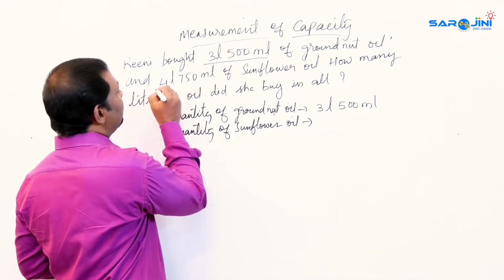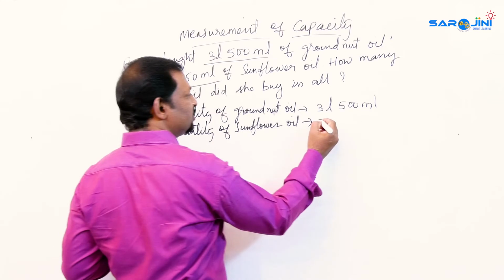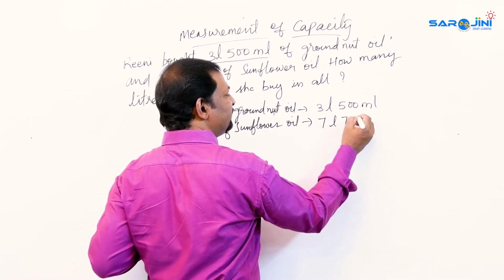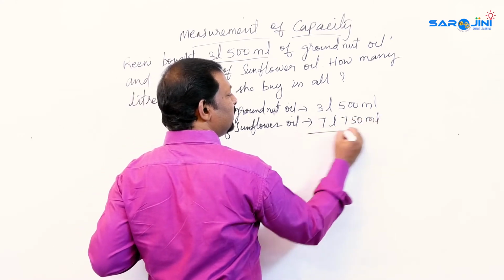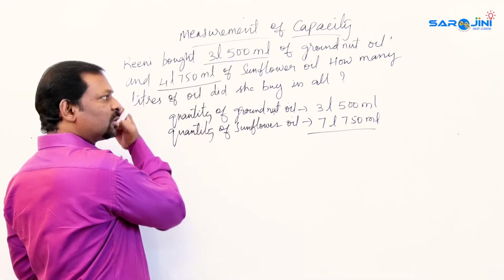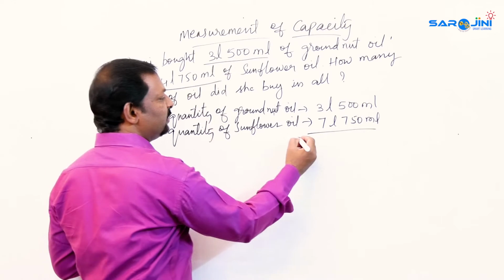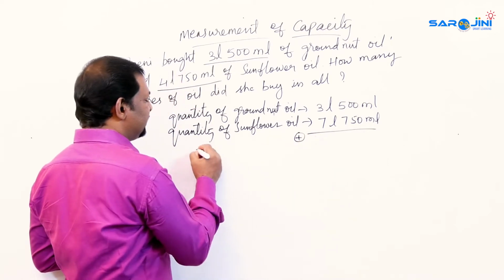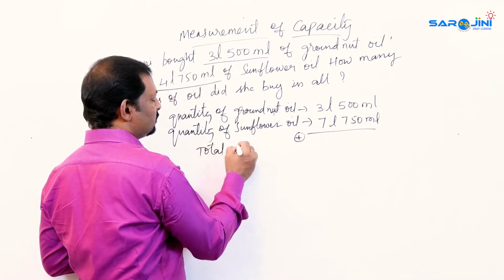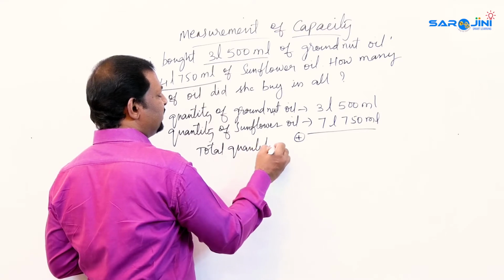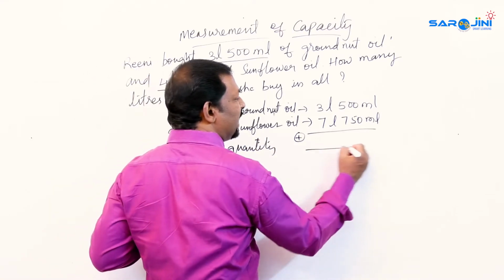What is the quantity? 4 liter 750 ml. Sorry. Now, what is the total? How many liters of oil did she buy in all? In all means total quantity. Total quantity of oils, we have to add it.